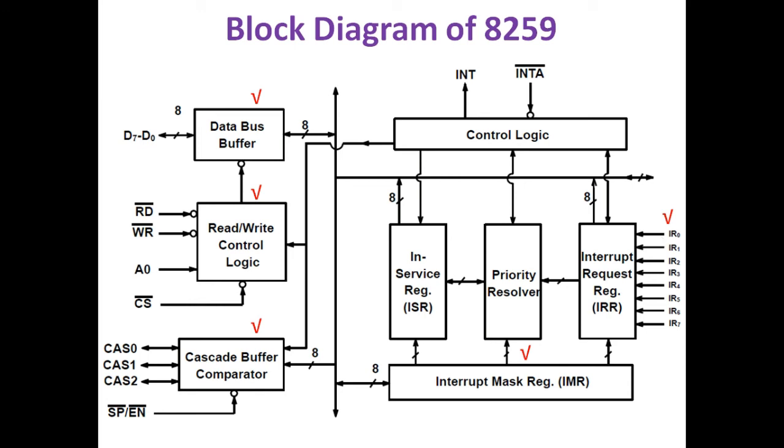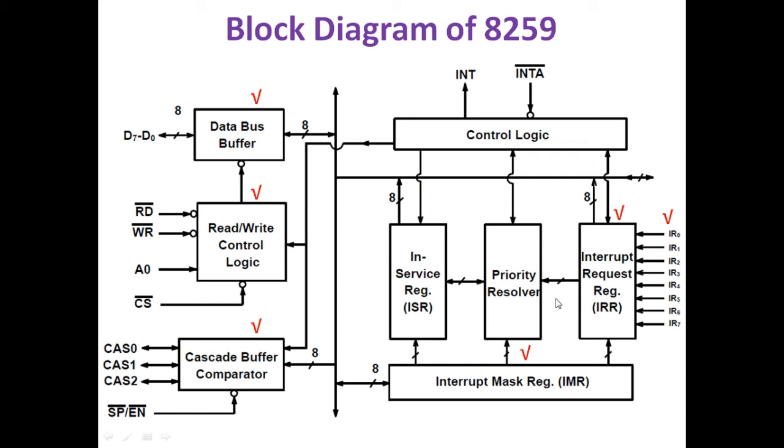Okay, next is the interrupt request register. So here the interrupt request register receives the interrupt signals on these lines and forwards them to the priority resolver. Suppose IR1 is enabled inside the interrupt mask register, and IR1 is getting a logic high signal.